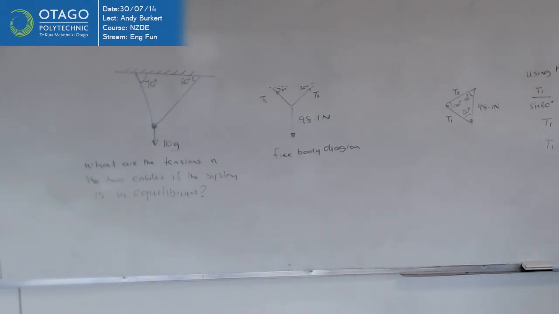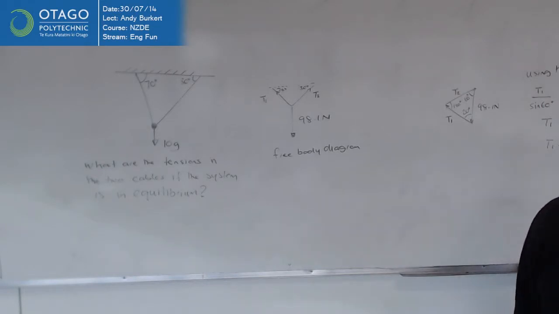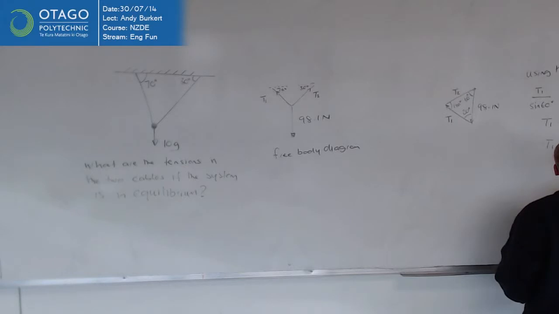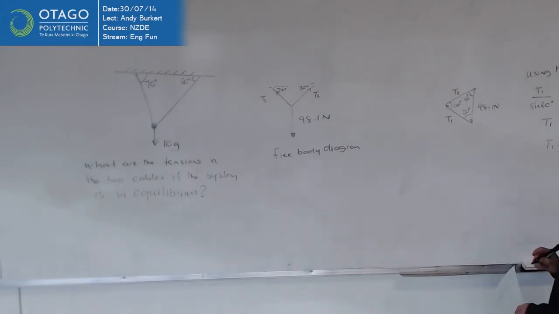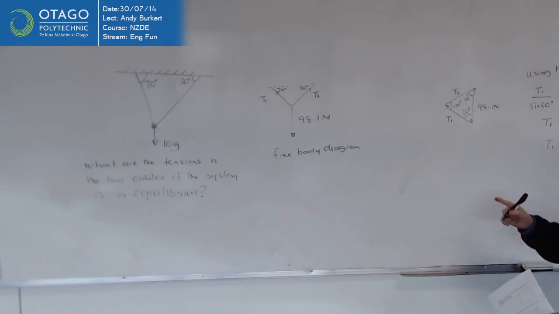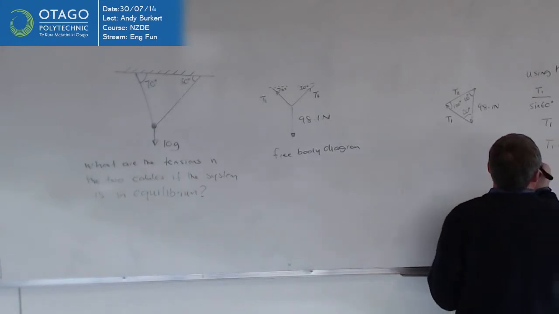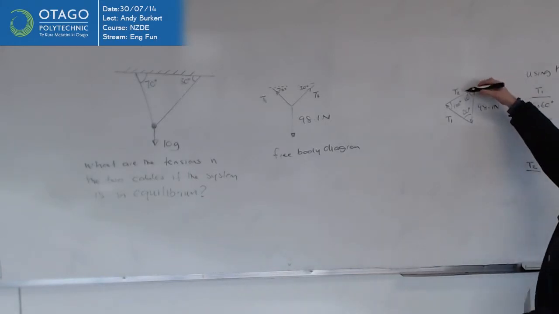Yep. So I've given this to 3 significant figures, so we get 86.3. Okay, and then we use the sine rule again just for T2. So I'm trying to find T2.